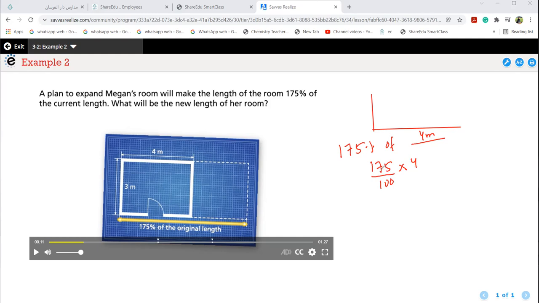See, once again here, 175 over 100 means 1.75. Do this, 1.75 multiplied by 4. Okay, but that's not correct actually. Okay, look at here.